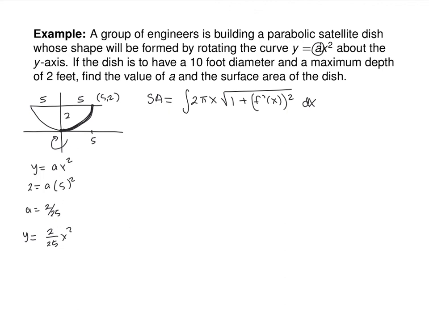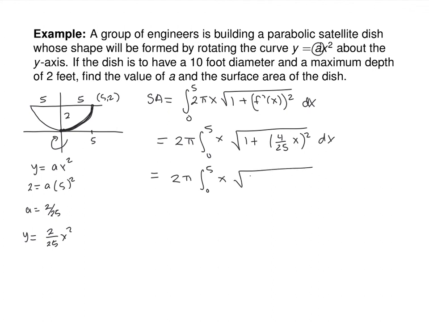So our x's would range from 0 to 5. And f prime will be 4 over 25 x, the quantity squared. And that gives us 2 pi integral 0 to 5 of x square root 1 plus 16 over 625 x squared.